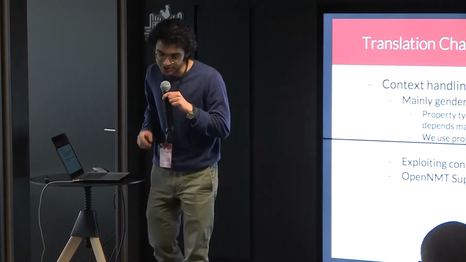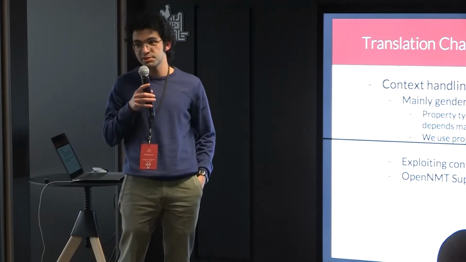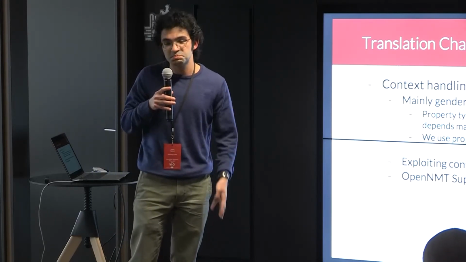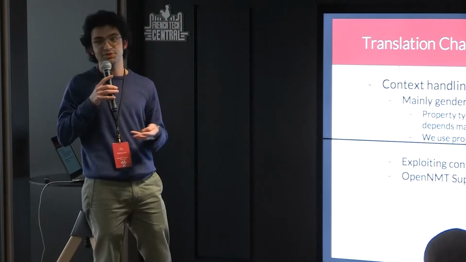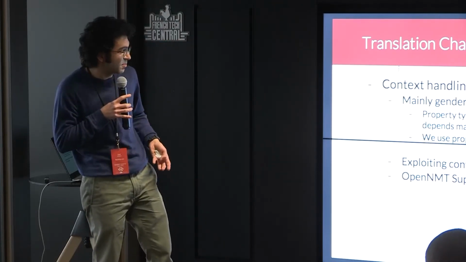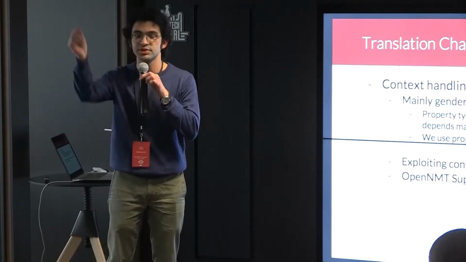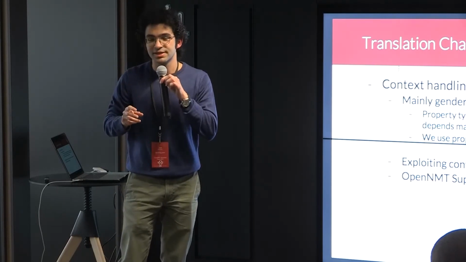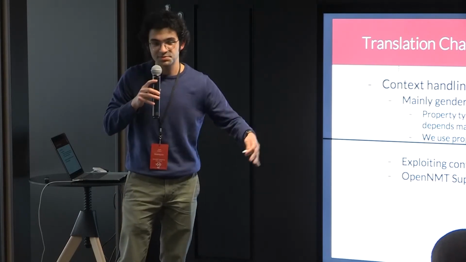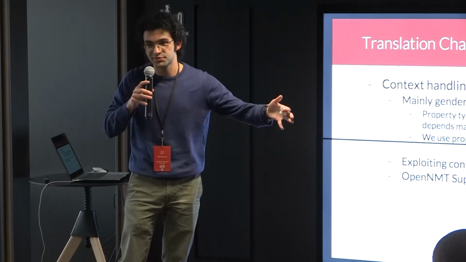Context handling, especially in morphologically rich languages like Russian and Arabic. We have over 10 million sentences for Russian and Arabic, so they're not low-resource languages in our case, but we still have problems with context. In English, you can have "the hotel is located in Paris", and then a new sentence, "it features free Wi-Fi", for example.